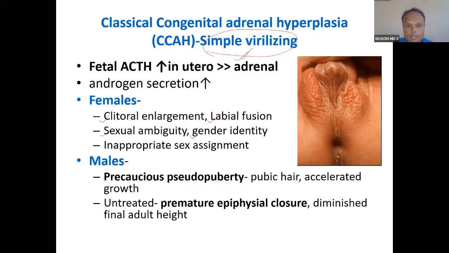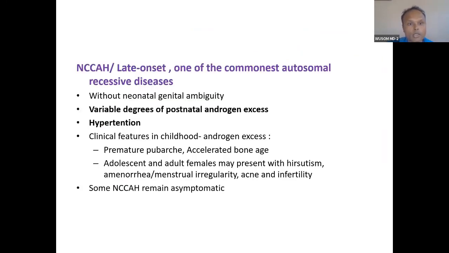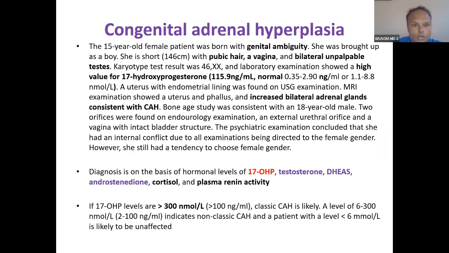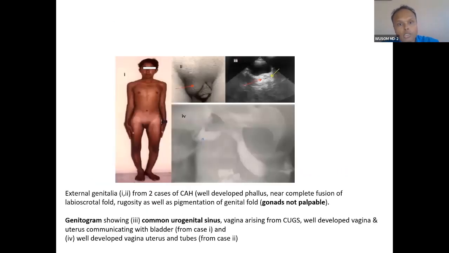So inappropriate sex assignment. So this precocious pseudo puberty in male, and premature epiphyseal closure. We have seen the age was 15, but the bone age was 18, because of premature fusion of the epiphysis.